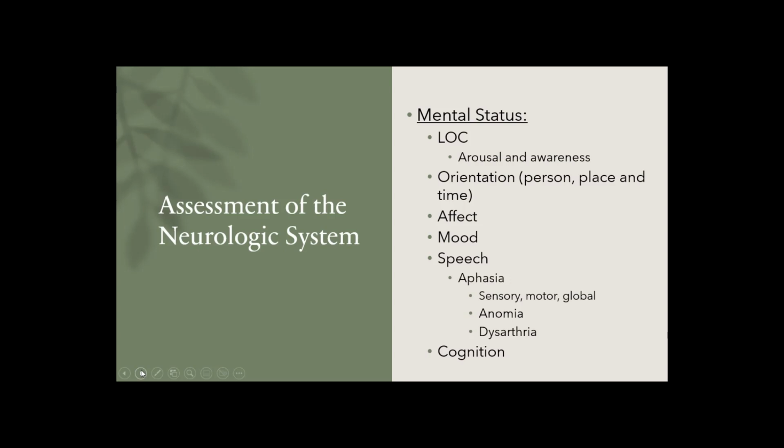When assessing the patient's level of consciousness, you want to be sure to use a normal voice first. If the patient has a decreased level of consciousness and is not aroused easily, not aware of the situation going on, because that's basically what LOC measures, that arousal or wakefulness and their awareness of their environment.